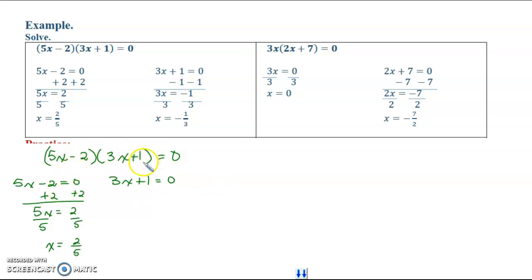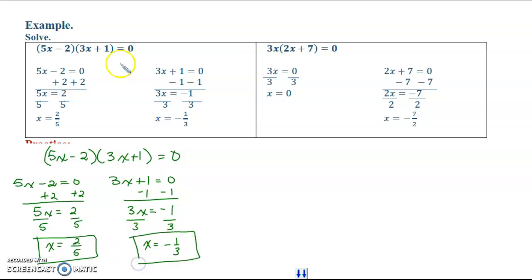If this one was the one that was going to be 0, I would subtract 1 from each side. And then I get 3x equals -1. Divide by 3. X would need to equal -1/3. These are my possible solutions for this equation.